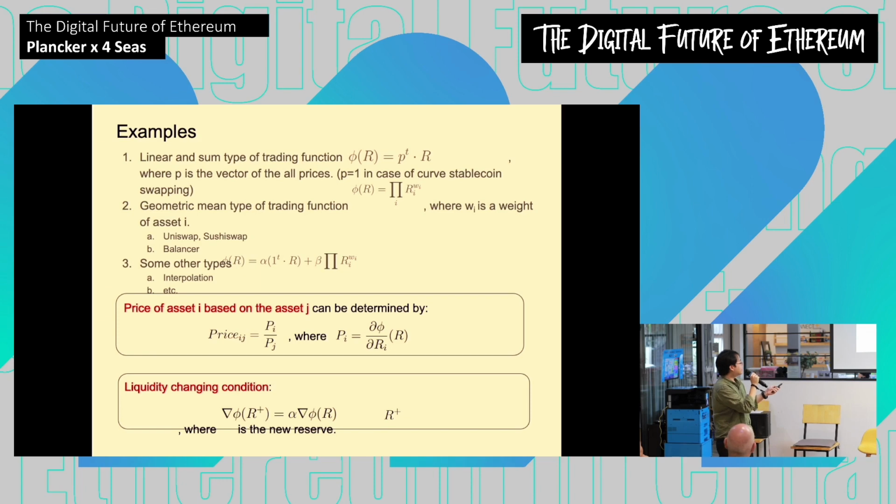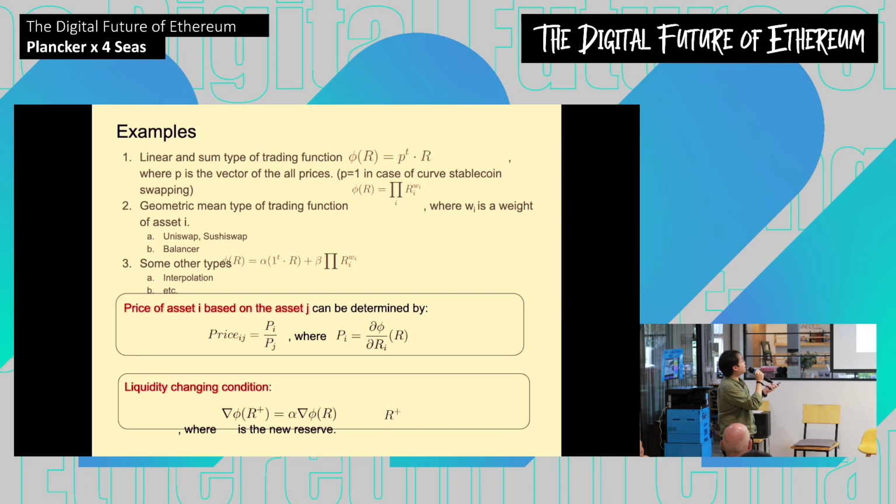And if we have the trading function, how can we define the price? When we talk about the liquidity pool and the AMM, we always refer to the price of an asset relative to another asset, right? We don't really say we calculate the AMM with the price of US dollar. We always say the price of another asset that is matched in the liquidity pool.